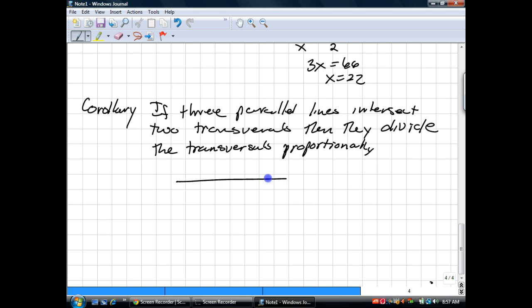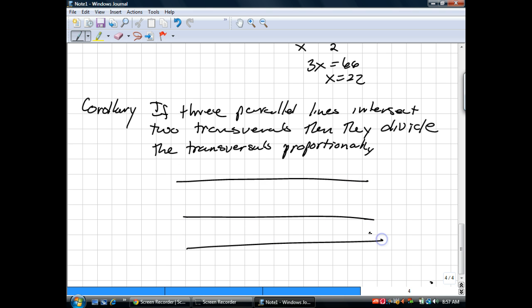So if I have 3 parallel lines and I have transversals, and I know that this is 25 minus x, and this is x, and I have this transversal, I know this is 16, and this is 4, then in this case I'm going to do small to big equals small to big.